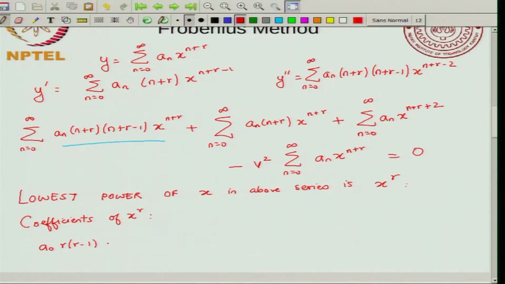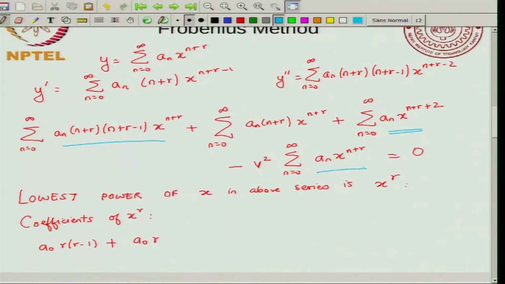The second term, with n equal to 0, gives a 0 times r. In the third term, even if you have n equal to 0, you will have x raised to r plus 2, so the third term will not contribute to the x raised to r coefficient.